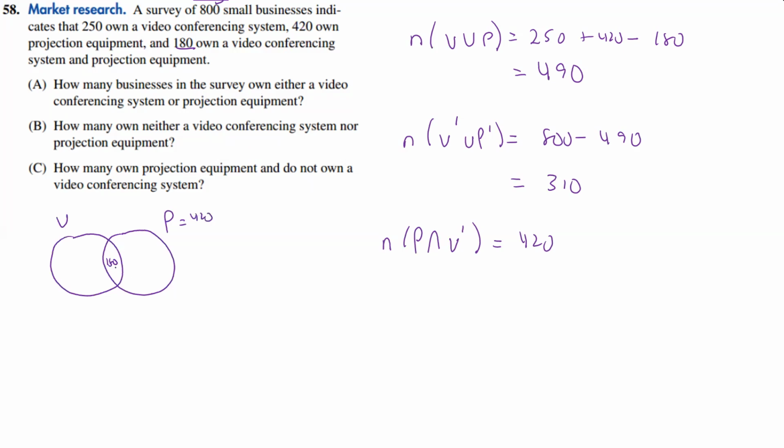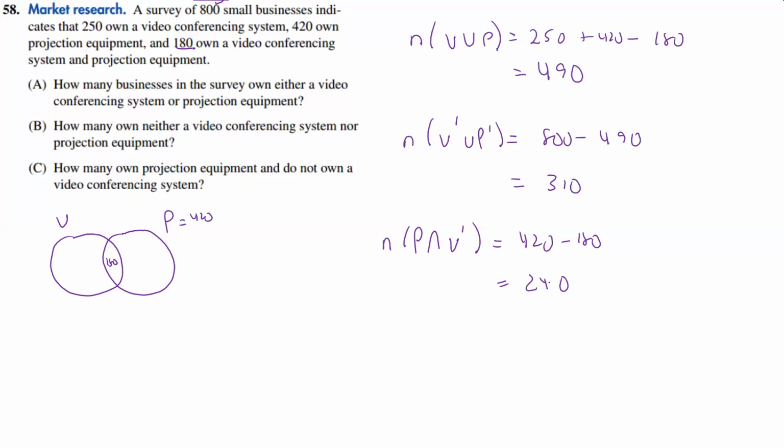But there's that intersection here, so we have to take the whole minus that intersection. That's what we really needed to think about: what do we subtract off? Well, we have to subtract off that intersection. And if we subtract that off, it's going to be 240, right?